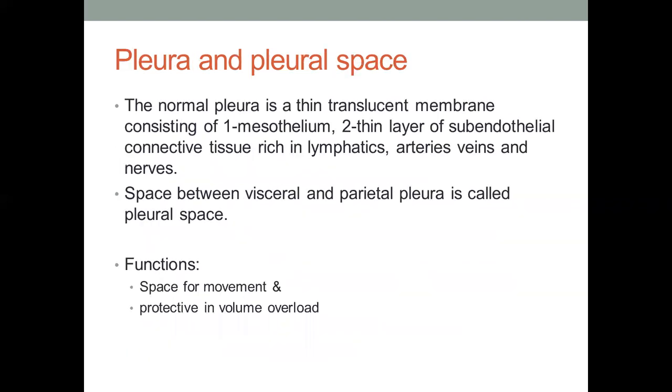Okay. Pleura and pleural space. The normal pleura is a thin translucent membrane consisting of one mesothelium and two thin layers of subendothelial connective tissue, rich in lymphatics, arteries, veins, and nerves. The space between visceral and parietal pleura is called pleural space.